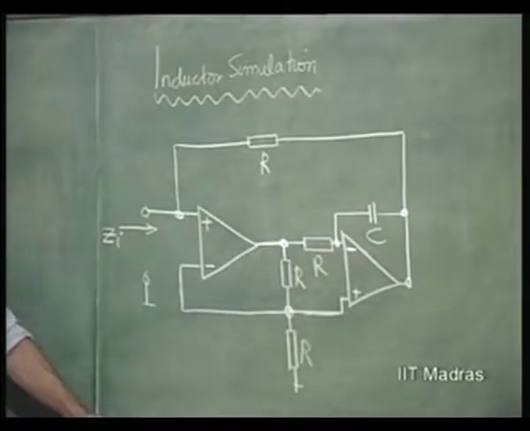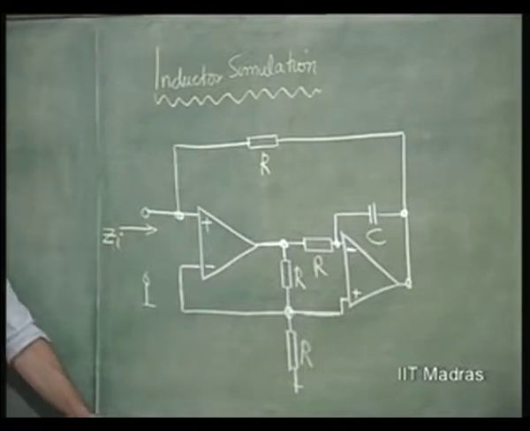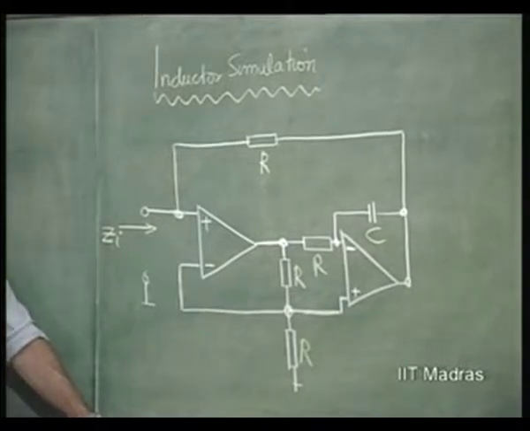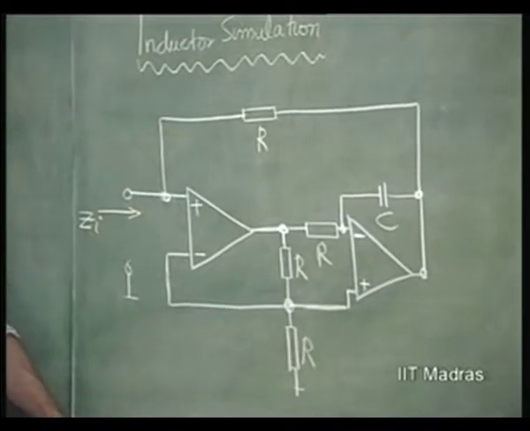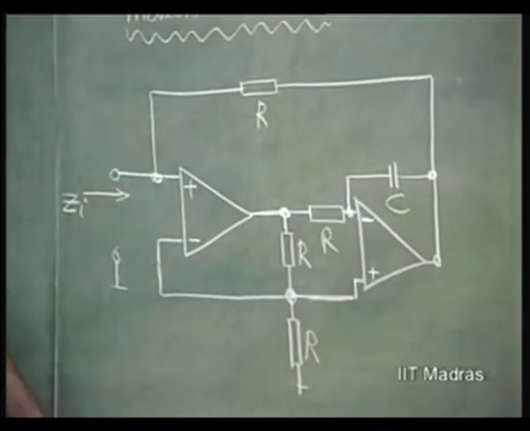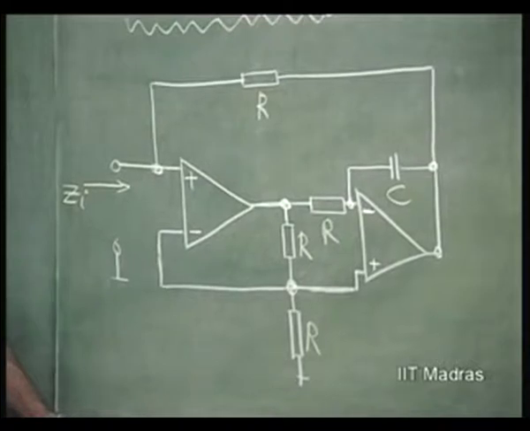So, let us now consider another important part of active filters, that is simulation of inductor. Now, this comes into picture. Inductor, for example, in the micro miniaturization becomes a very difficult component to deal with, the coil. In monolithic integrated circuit, it is not possible to fabricate it at all.